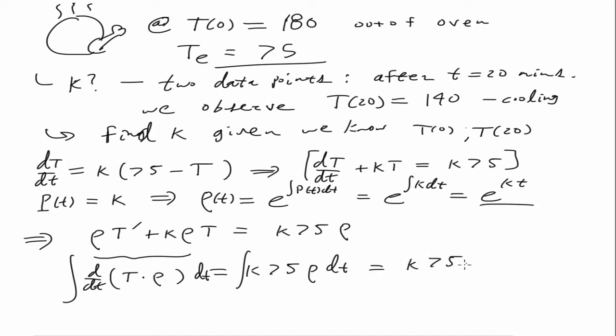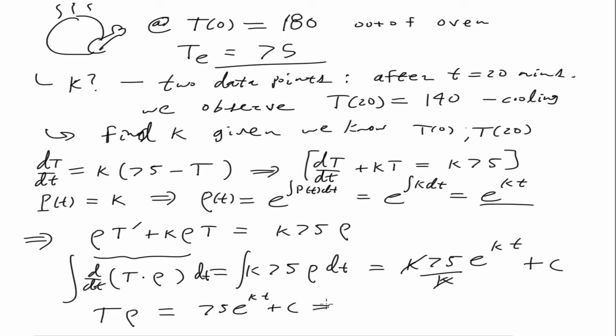We're going to integrate this function here, and when we integrate it, we're going to get 75 e to the kt all over k plus C. The k's cancel, and over here we're just left with T times rho is equal to 75 e to the kt plus C.